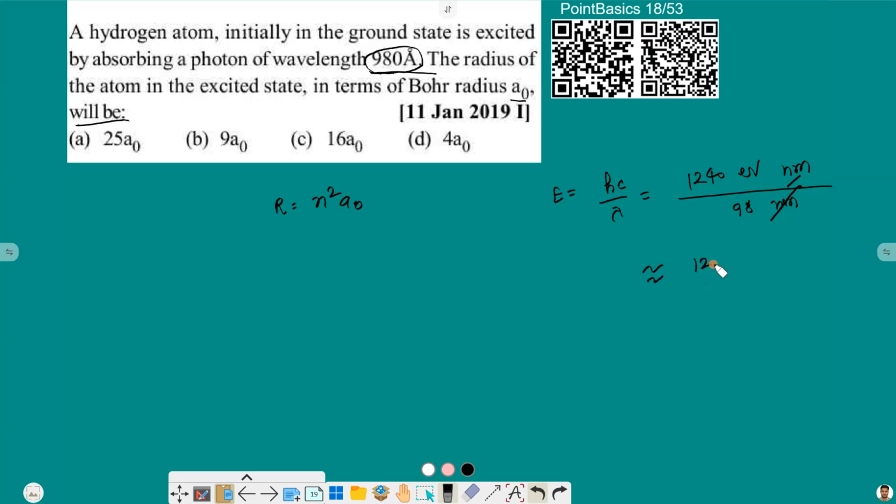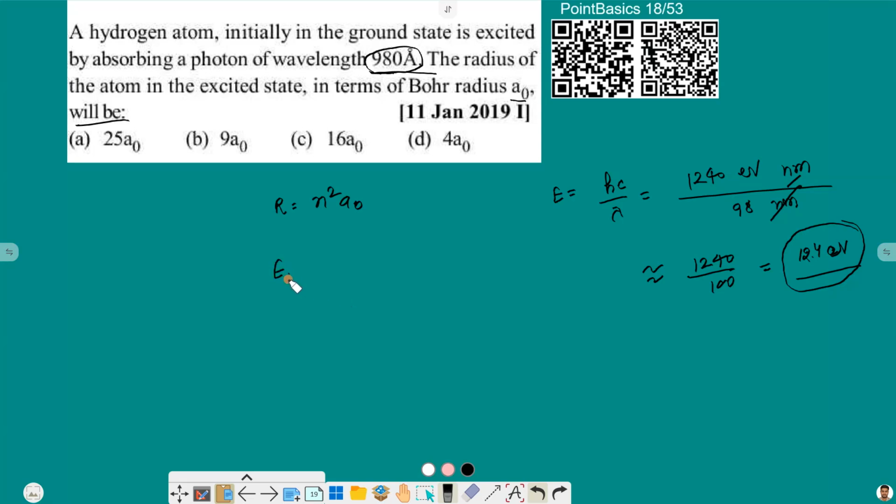So 1240 by 100, and that will be something around 1.24 electron volt. So we have to find two levels in hydrogen atom which have the energy gap of 1.24 electron volt. Oh, sorry, my mistake. It will be 12.4 electron volt.